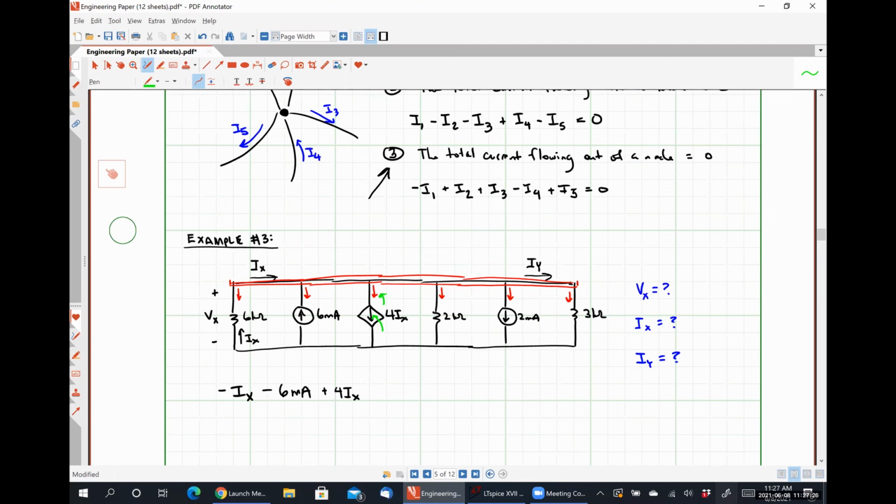So because the arrows are pointing in the same direction, it's positive 4Ix. When the arrows were pointing in opposite directions, which is what we had here, that's why we had -6 milliamps. Okay, fantastic.